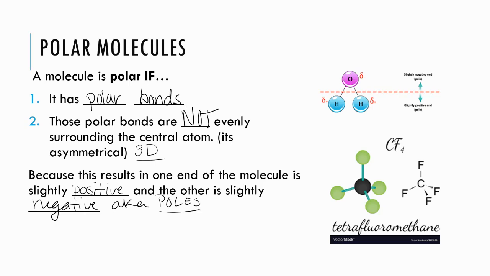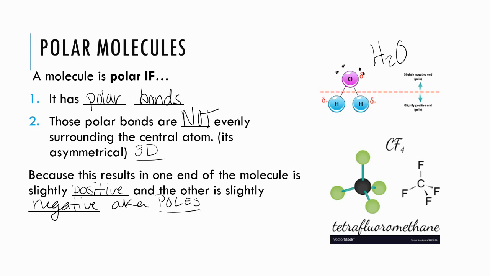So if we look at the examples on the right, this one on the top is water, H2O. Because the oxygen has these two lone pairs up here that aren't really depicted here because they're not atoms that we draw in the molecule, those two lone pairs push on those hydrogen atoms.